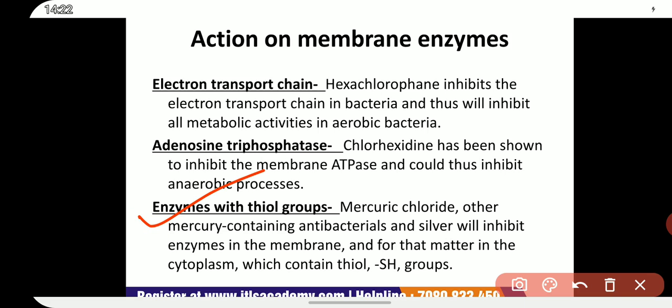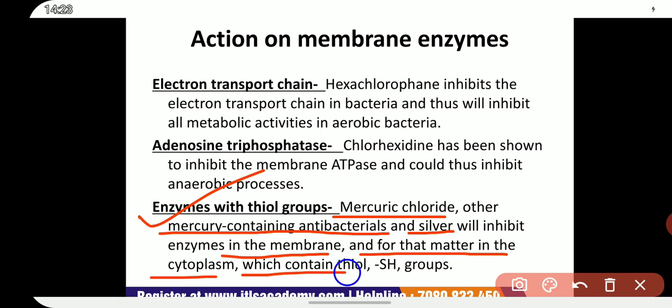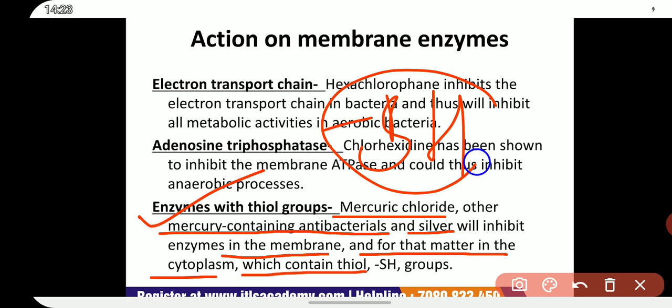Enzymes with thiol groups: mercuric chloride, other mercury-containing antibacterials, and silver will inhibit enzymes in the membrane and for that matter in the cytoplasm which contain thiol, or SH group. Thiol group is also known as SH group and this is a sulfur-containing group.